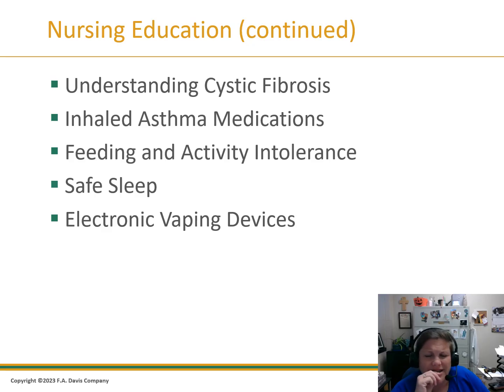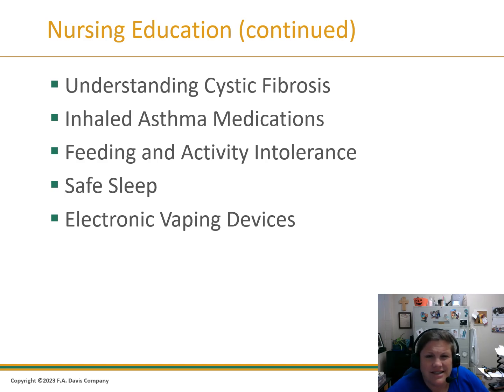I don't know why, but then it goes into asthma medications. So I'm just going to see if there's anything I hadn't already said about asthma meds. They're targeting the airway to provide easier supports. They can be in the form of a nebulizer, inhaler, or oral meds.